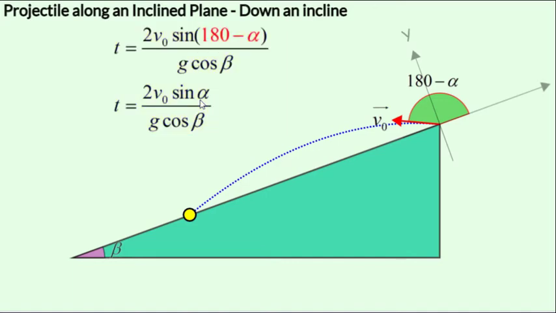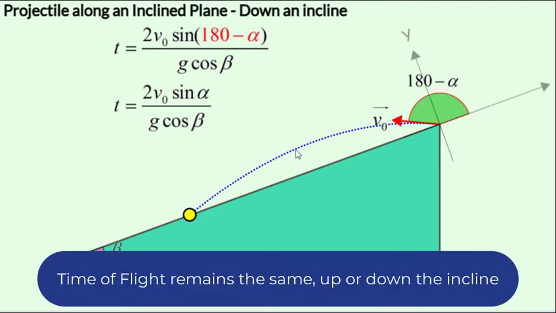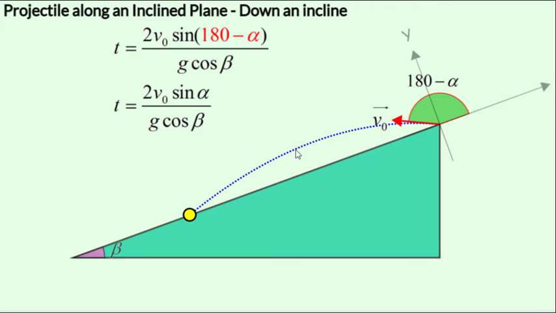So if we launch a projectile up an incline at a certain angle alpha, we obtain the same time of flight as launching it down an incline with the same launch angle. You could also try to verify this by deriving the time of flight exactly like we did when we derived it up an incline. The procedure would be identical.